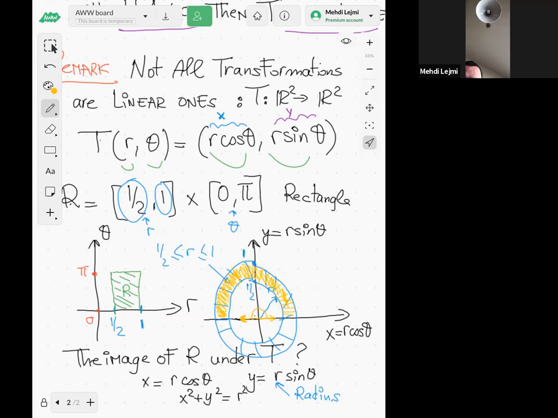Theta here is 0, and here theta is pi, which is 180 degrees.